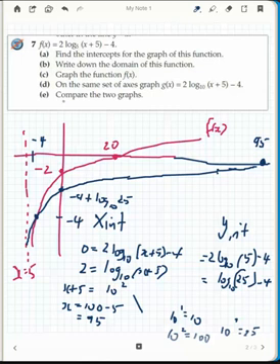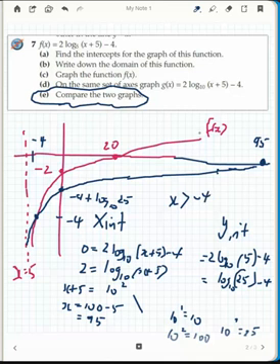How can I compare the two graphs? Well, I can compare the two graphs by saying that they're both positive logarithmic graphs, that they have an intersection point at x equals negative 4, that when x is bigger than negative 4, f of x is larger than g of x.